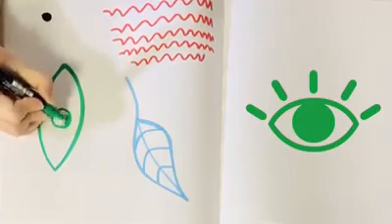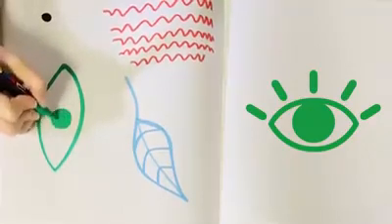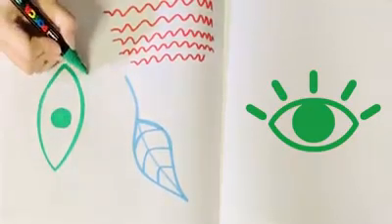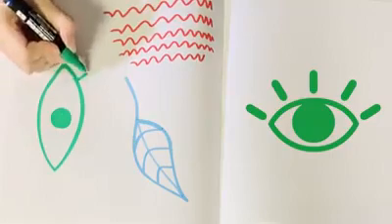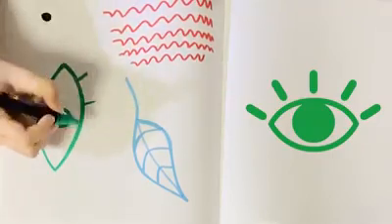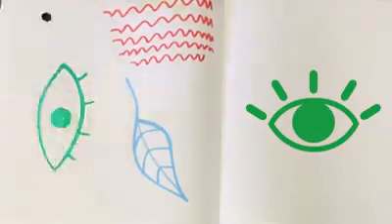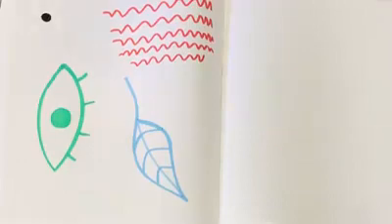And I'll draw out the pupil. And eyelashes. There's my symbol for synesthesia.